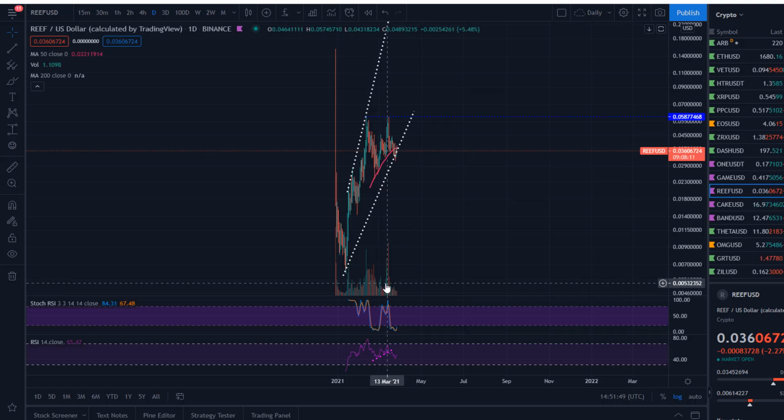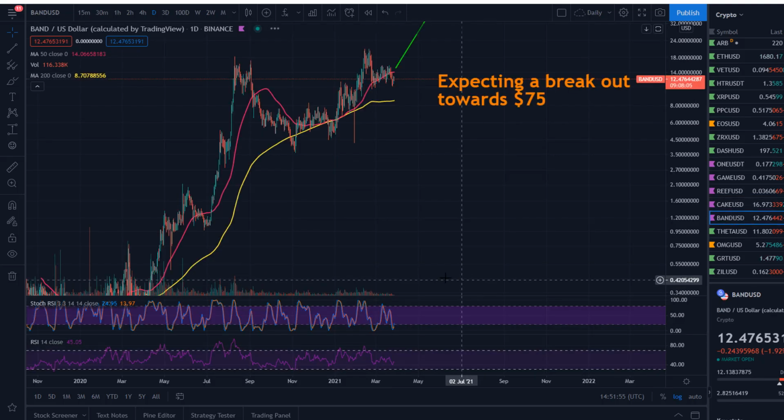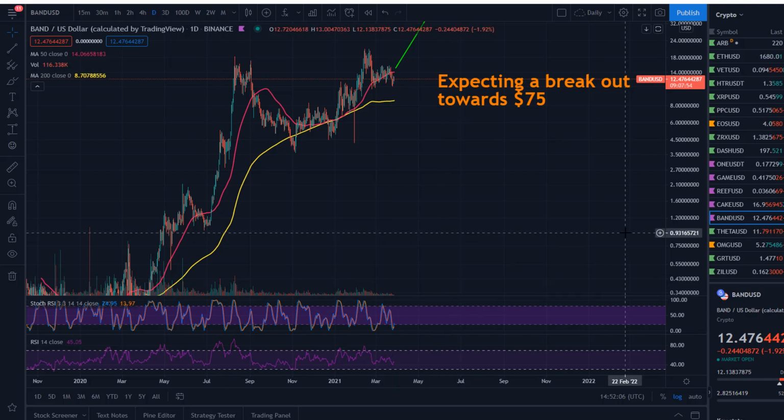We want to see another one of these events where there's big spikes in volume, or at least an increase in volume in either one of these assets. Same with Band. We want to see some of these chunky volume candles start to appear for us to switch our eyes on again and go, maybe it's time to pyramid into the last bit of the trade.